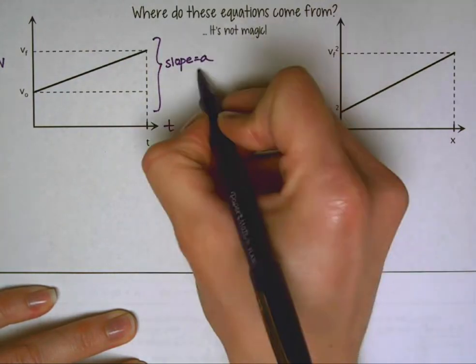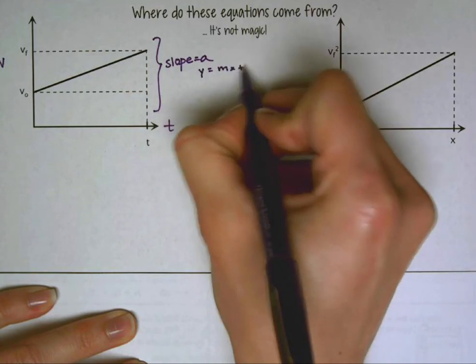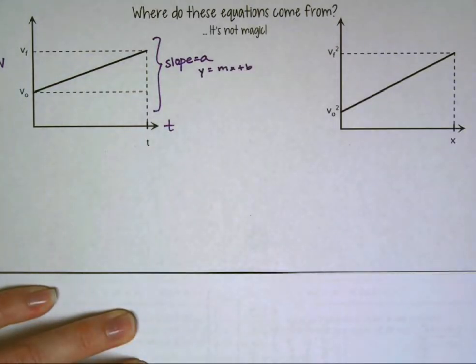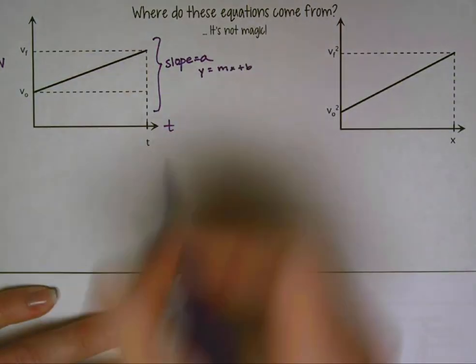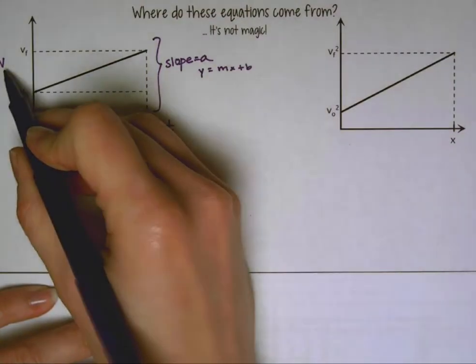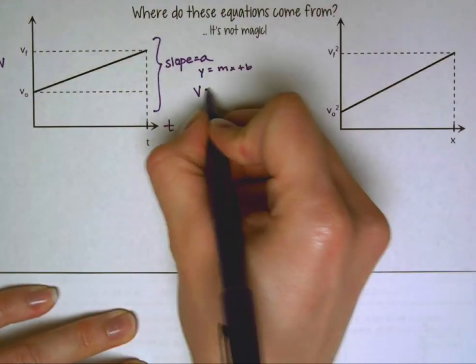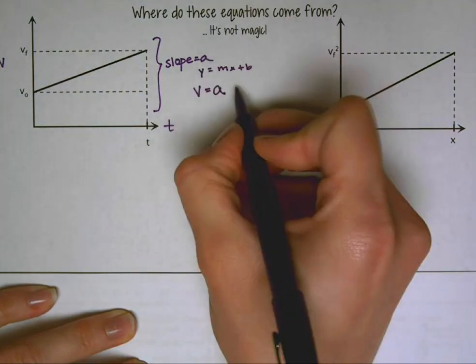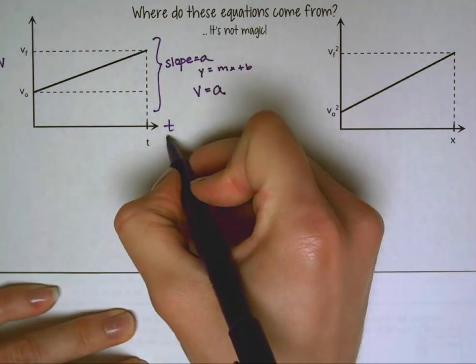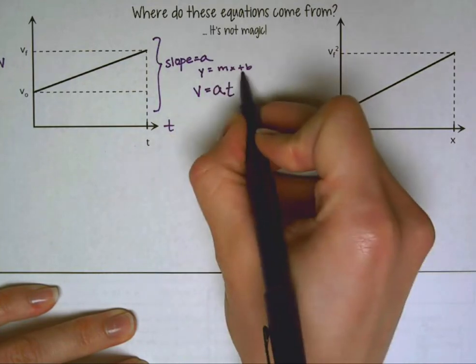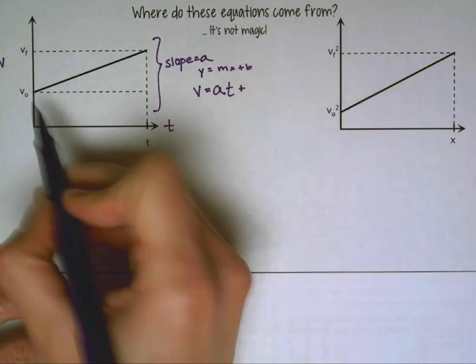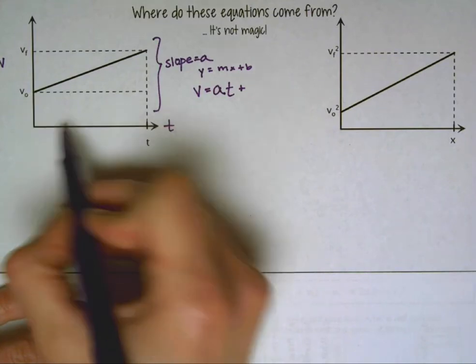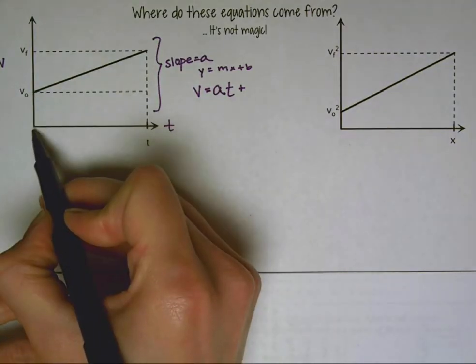If we wrote our y equals mx plus b equation for that, so just making an equation out of the line, y is not y, but velocity. m is our slope, which we will call acceleration. x is not x anymore, it's time. And b is our intercept, but notice that our intercept would be the velocity at a time equals 0.